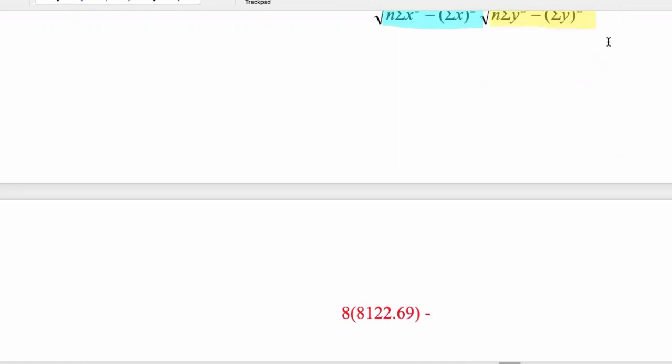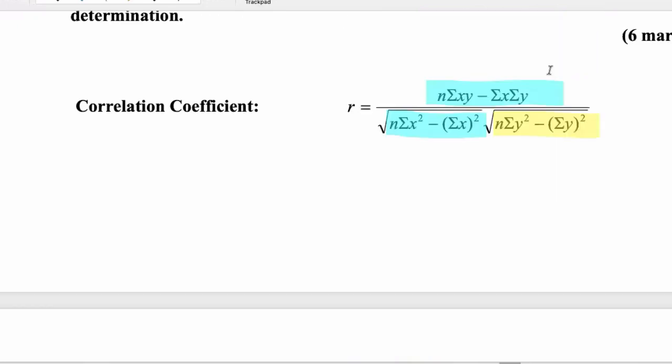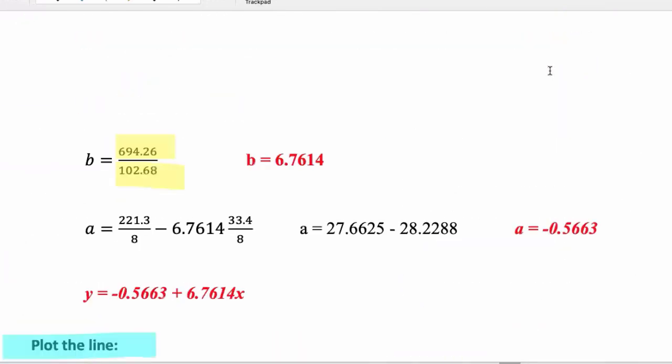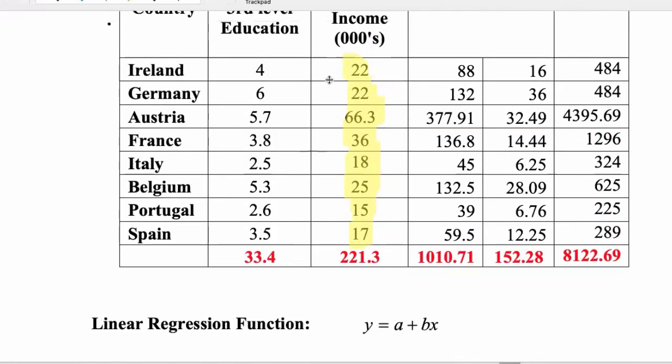Yeah. 8 times that minus, we see here again, 8 times the sum of y squared minus the sum of y all squared. Note the differences. I should have emphasized this, and I did it in class. Note the differences between the sum of y squared and the sum of y in brackets squared. There are two totally different figures. What's in brackets is that y column summed up. So I'm just going to go back to it. There's the y column highlighted.